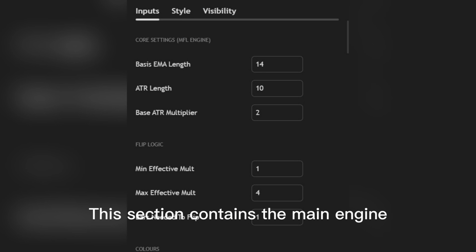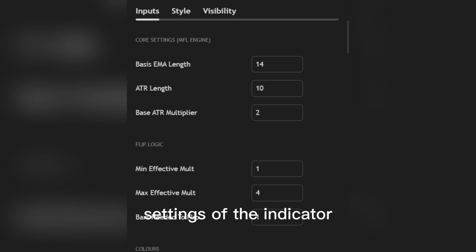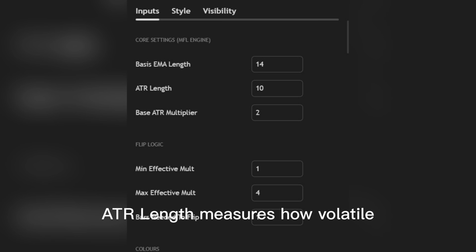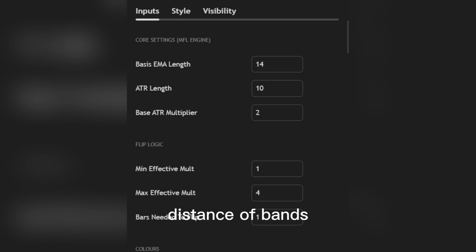This section contains the main engine settings of the indicator. Basis EMA length determines the system's core trend line and follows the overall direction of price. ATR length measures how volatile the market is and adjusts the distance of bands, stops, and targets, while Base ATR multiplier determines how sensitive or how selective the system will be.